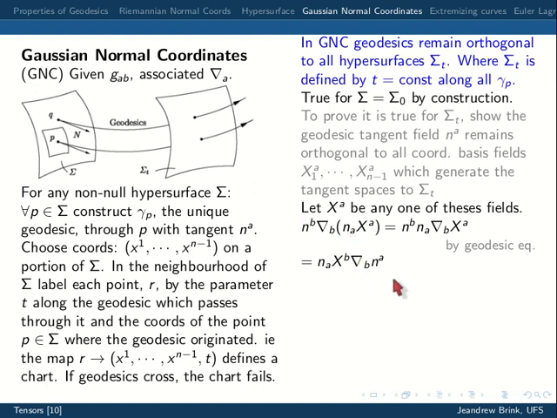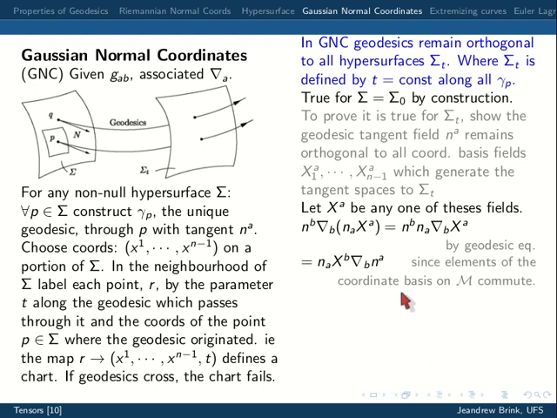And then what you have is that this is actually equal to X^B, the gradient of N_A, since the elements of the coordinate basis on M commute.